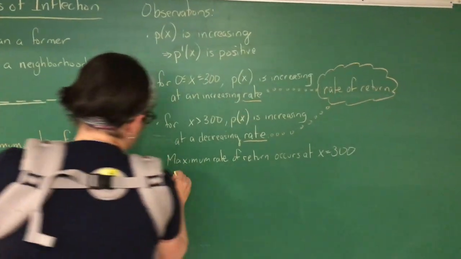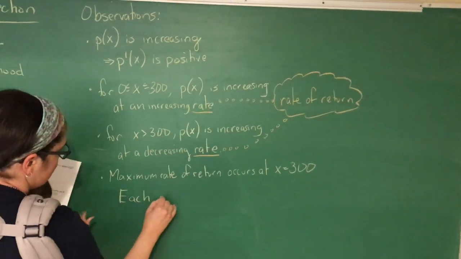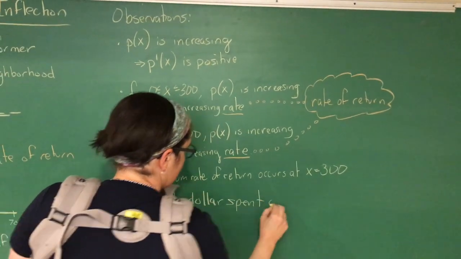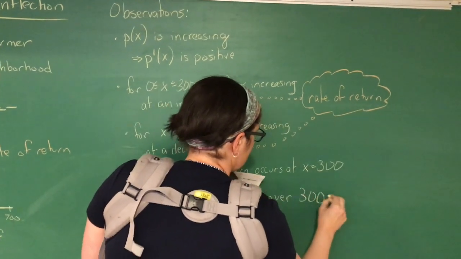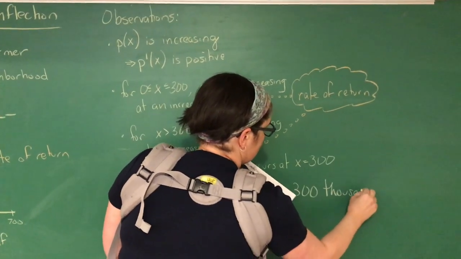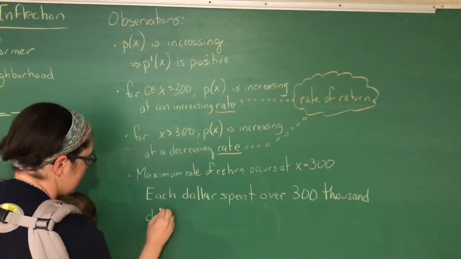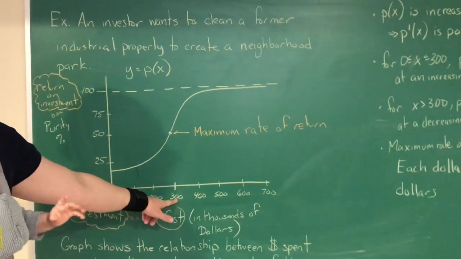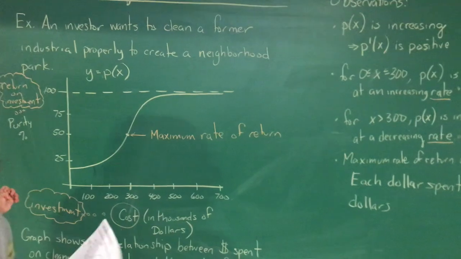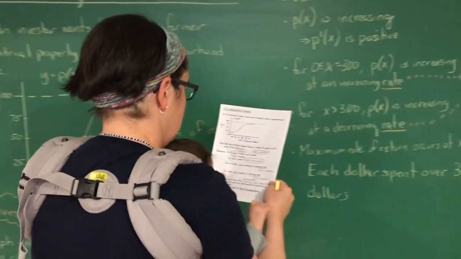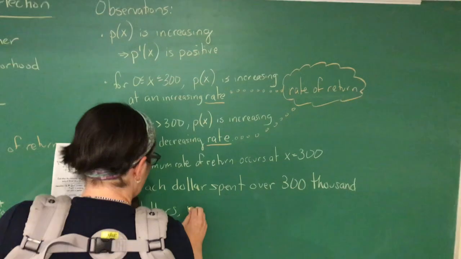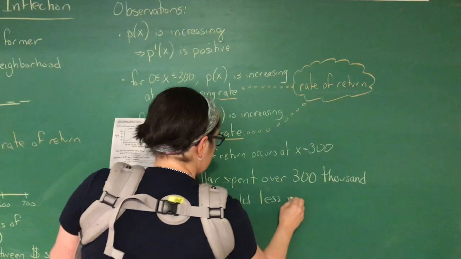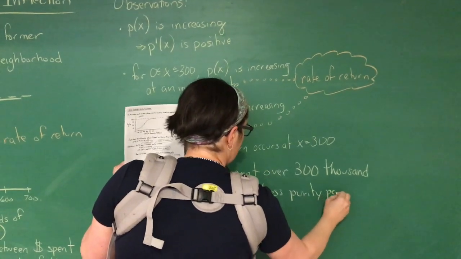For us, what that means is that for each dollar spent over $300,000, because remember that our cost was in thousands of dollars, so when I see the 300 here, that means $300,000. For each dollar spent over $300,000, each dollar will yield less purity per dollar.